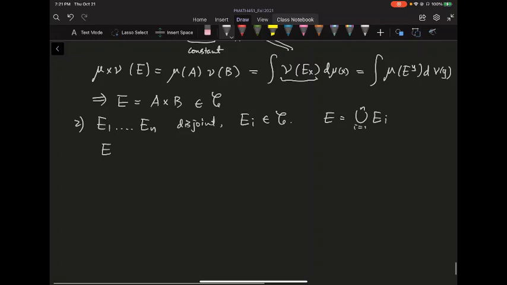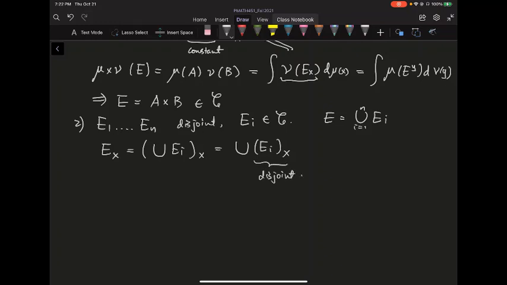So Ex is just the union of the Ei x, and it is actually the disjoint union of the x sections of each of these Ei, and they're disjoint as well.